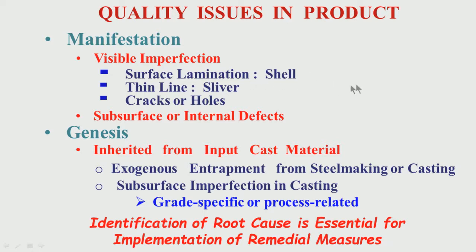It can be a very thin line on the surface of the product, particularly in a cold rolled product. It is called a sliver, that means it is a very thin line of defect. Normally it has been found to be associated with some slag entrainment at different stages, maybe during casting, so some slag got entrained, or even in the tundish there is a possibility of entrainment, or even in the ladle there might be entrainment.